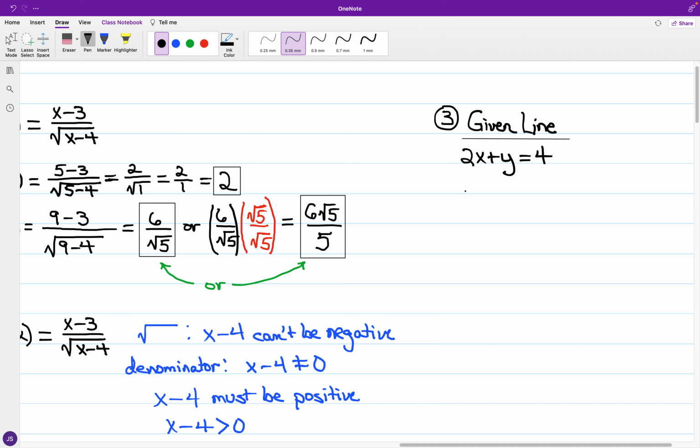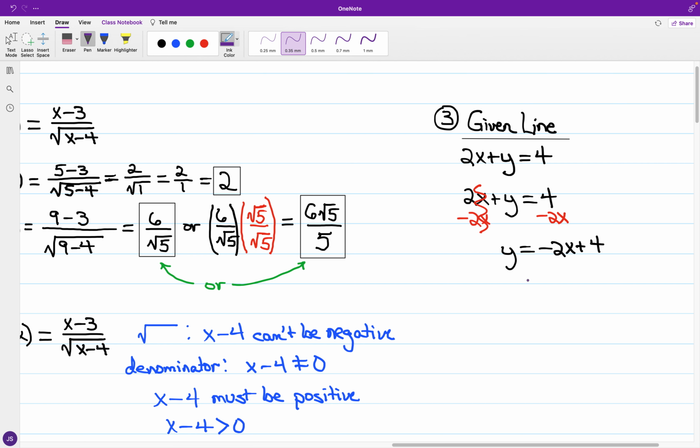And rewriting this in the slope-intercept form, upon getting y by itself, if I take 2x away from both sides, I have y is equal to negative 2x plus 4.